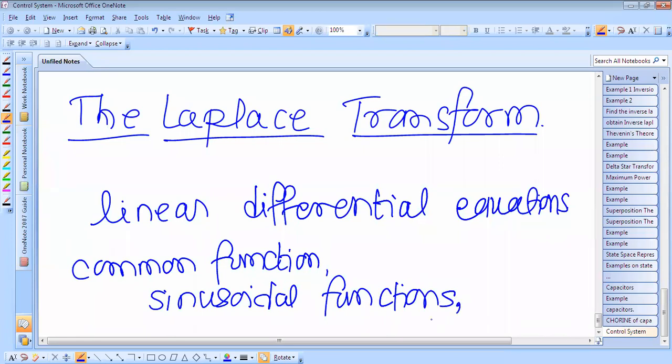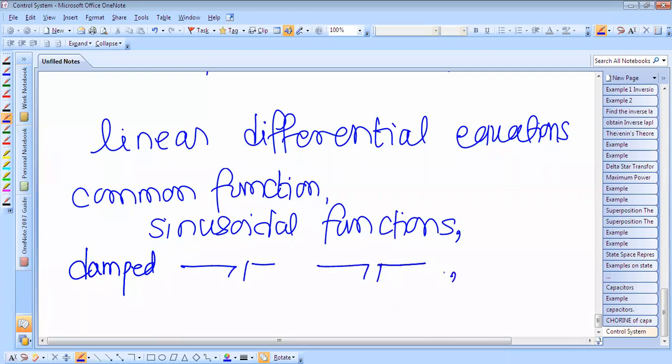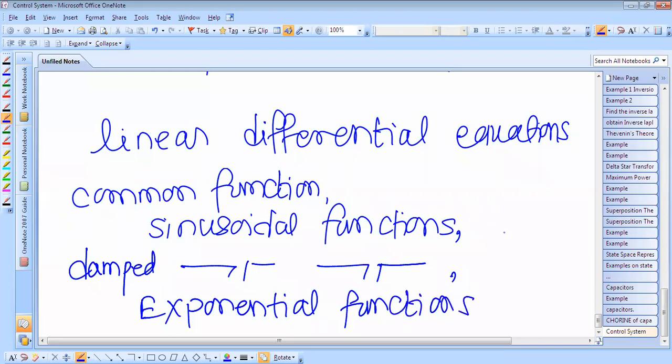Then there is the damped sinusoidal function, and then the exponential function. Therefore the Laplace transform is used to convert these common functions, such as the sinusoidal function, damped sinusoidal function, exponential function, into the algebraic function.